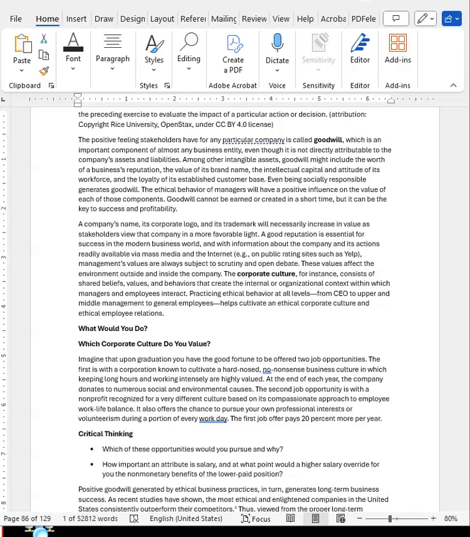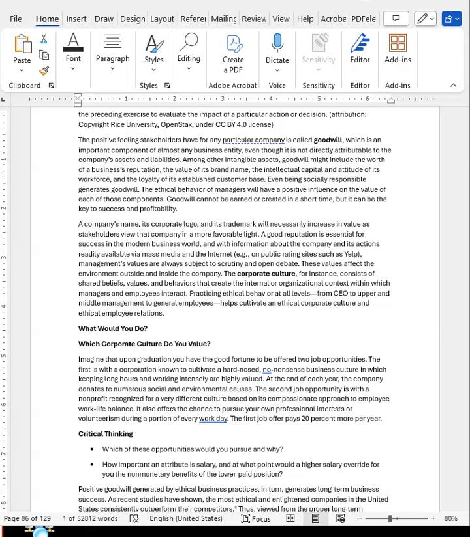Even being socially responsible generates goodwill. The ethical behavior of managers will have a positive influence on the value of each of those components. Goodwill cannot be earned or created in a short time, but it can be the key to success and profitability.